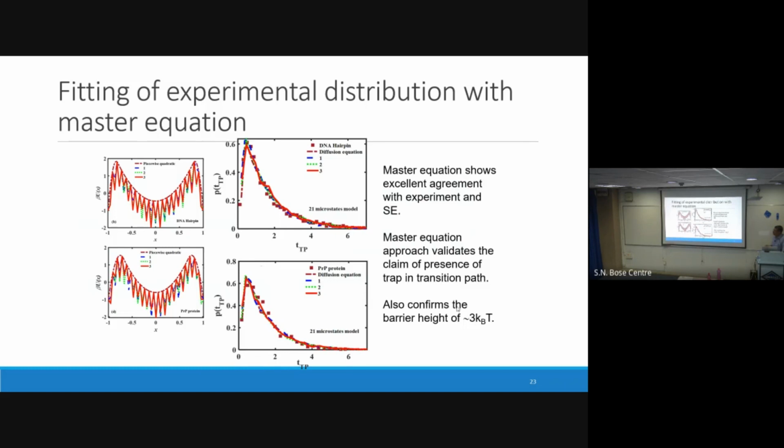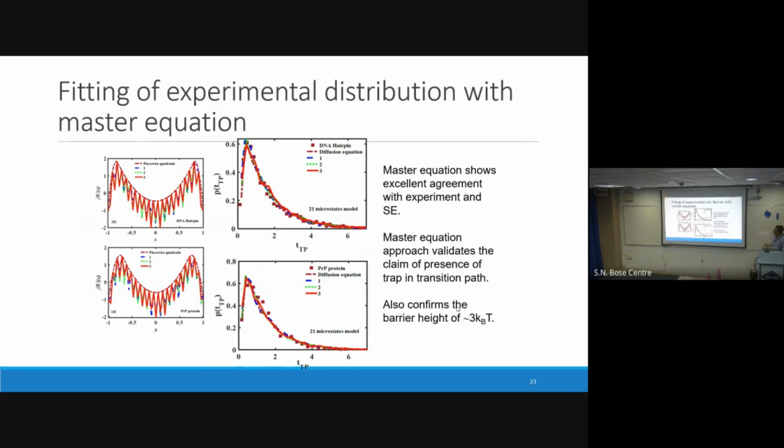this DNA hairpin with a 3 kBT barrier height, and for this PrP protein with a 2.5 kBT barrier height. Using this, one can get an exact fit, and even a better fit for the DNA hairpin and PrP protein from this 21 microstate model, tied with 11. 11 is also giving a good fit.